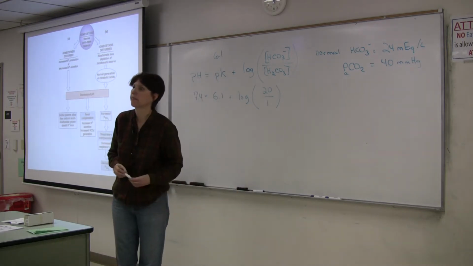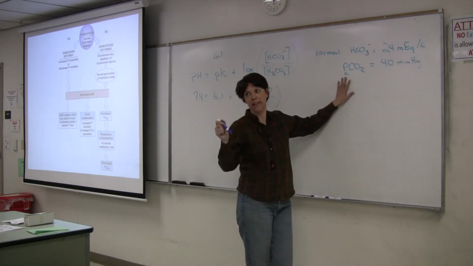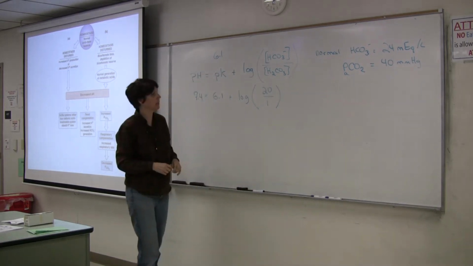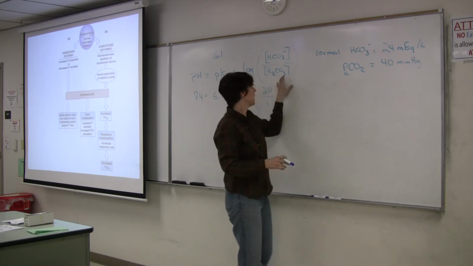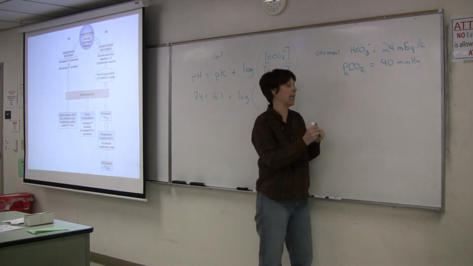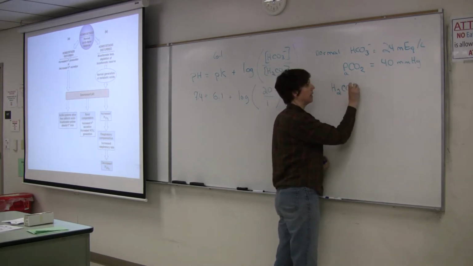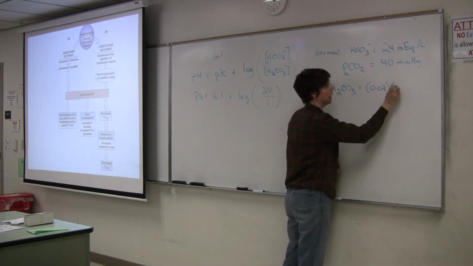What does the name mean? The A is for arterial. If it was a V, then our values would be 44, 45. So remember, this is pCO2. To get it to be carbonic acid, we have to multiply this number by 0.03. Anybody have a calculator?